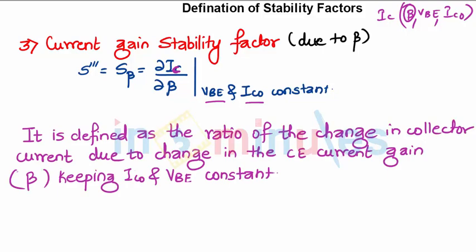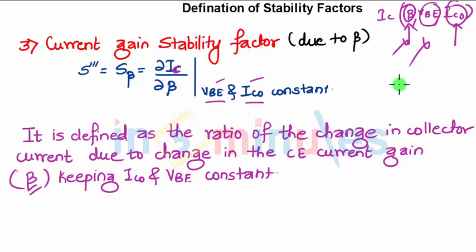It is defined as the ratio of change in collector current due to change in common emitter current gain. Beta is common emitter current gain, keeping ICO and VBE constant, that is other two parameters are constant while measuring one parameter. Measuring the change in IC because of ICO, you keep beta and VBE constant, right? This is how we are measuring the stability factor.